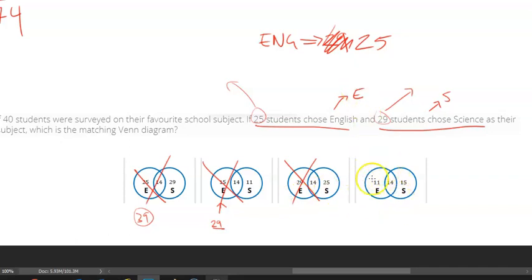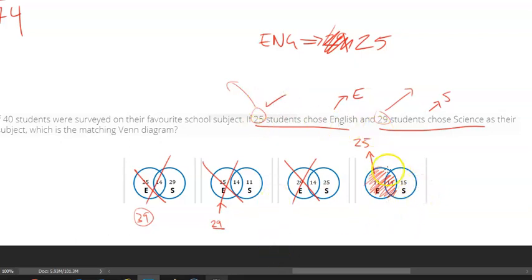But let's just double check. What is 11 plus 14? This is 25. Meaning, we can see here that 25 of these people, regardless of whether they just like English or like English and science, both of them with this overlap, 25 belong to here, which is what we have here.